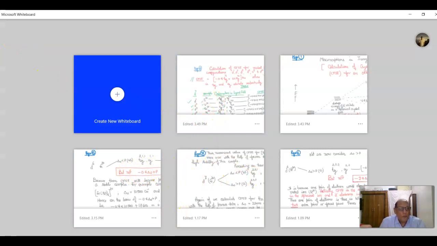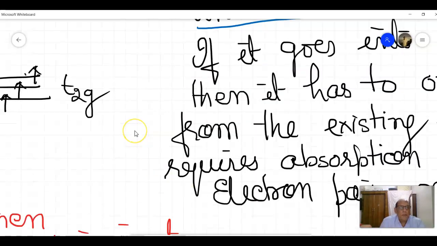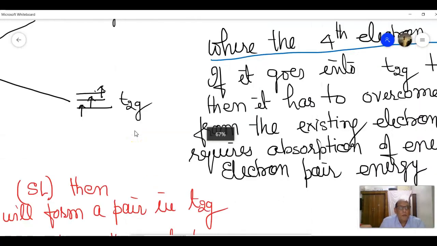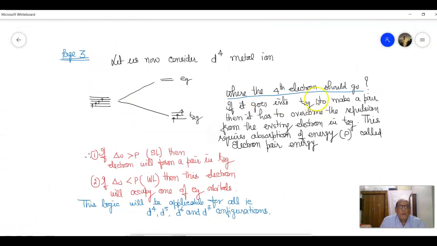Let us now consider the situation for d4 metal ion, a metal ion having 4 electrons in its d orbitals. That is an important point, and now the misconception or confusion will come into the picture.